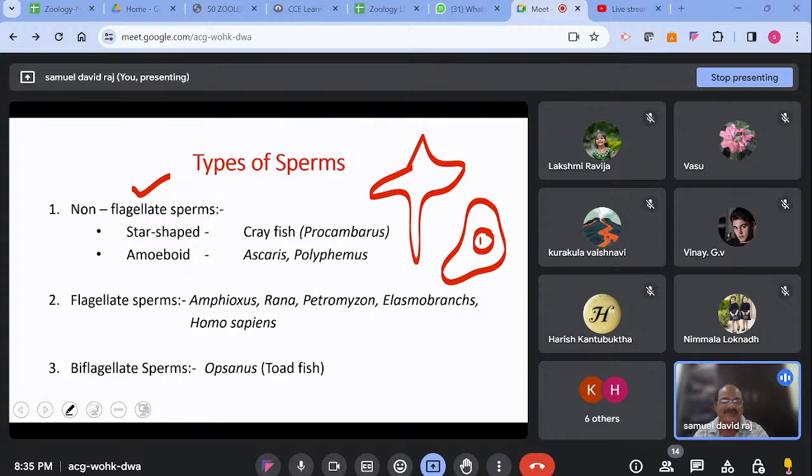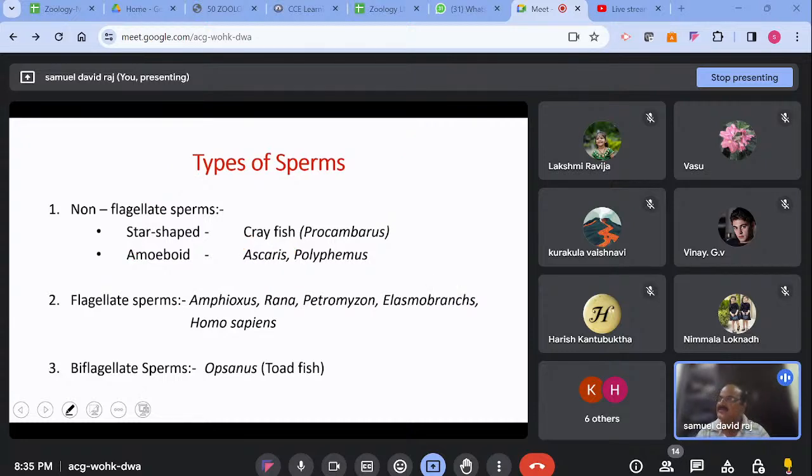When I wrote my first civil services preliminary examination, this question was asked: which of the following organisms show an amoeboid sperm? At the time I did not know, because I had not thoroughly gone through the books. The example given there is Ascaris, and another one is said to be Polyphemus. So these do not have any flagella.